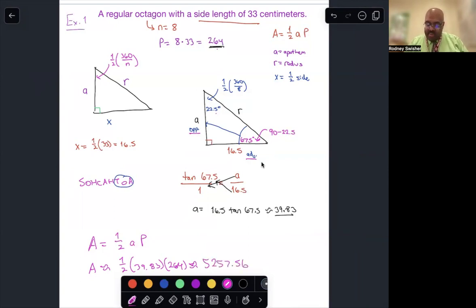Okay, and that's going to be my area of this regular octagon. So these are the steps that you'll do when you are given the side length, okay? The angles will change because it might be a different shape. Obviously, the side length will change, but this is basically the concept that you would do to find the area of a regular polygon when you're given the side length, okay?